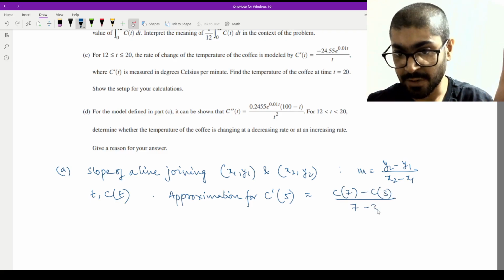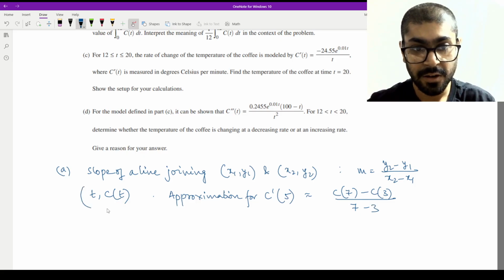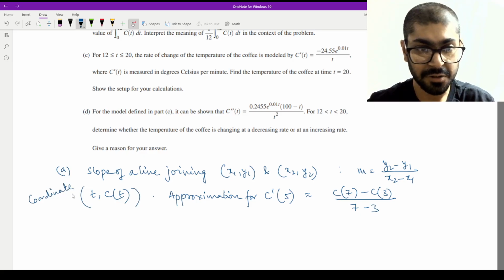So 7 minus 3. Let me know if we have understood this portion.